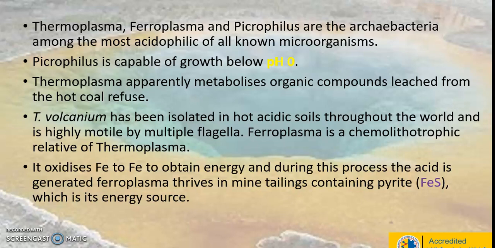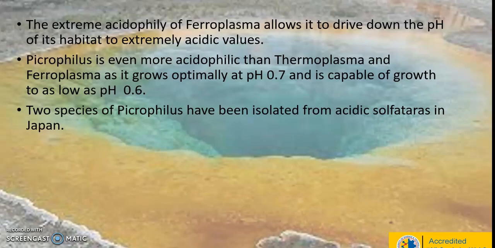It oxidizes ferrous to ferric iron to obtain energy, and during this process acid is generated. Ferroplasma thrives in mine tailings containing pyrite, ferrous sulfide, which is its energy source. The extreme acidophilia of Ferroplasma allows it to drive down the pH of its habitat to extremely acidic values.